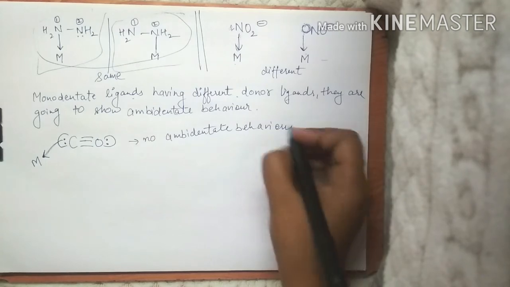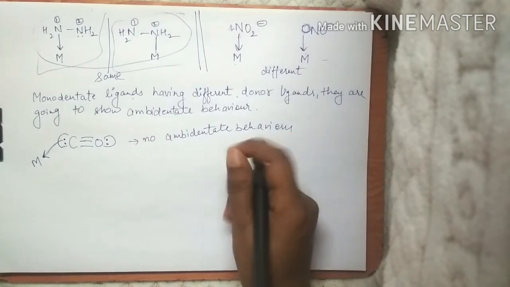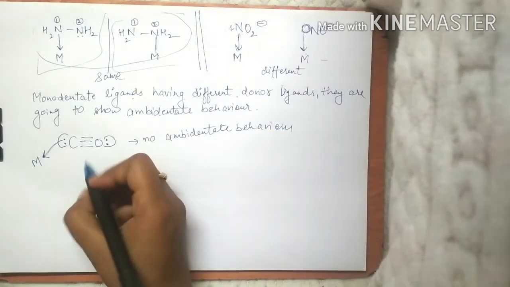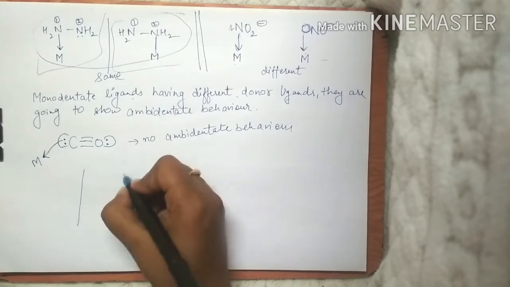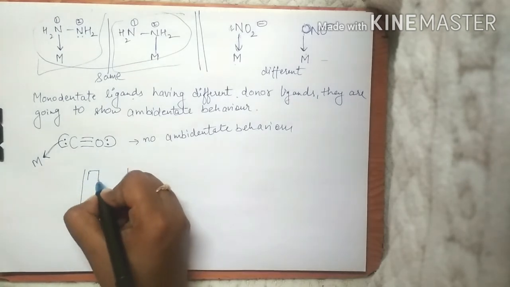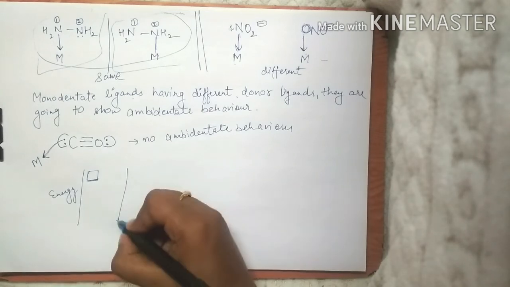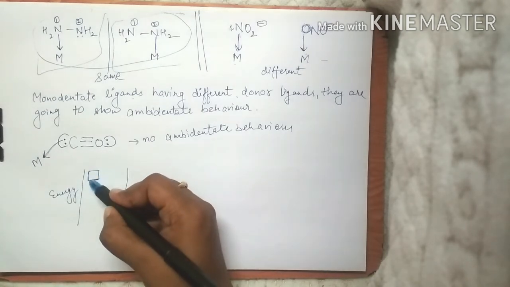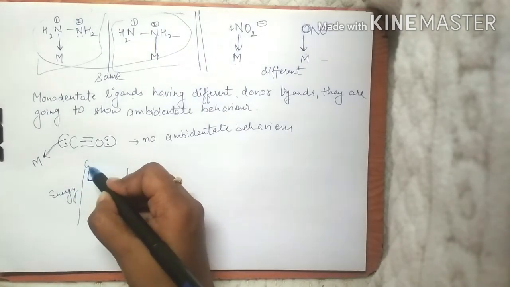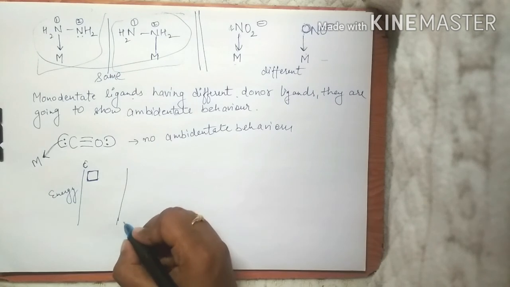Okay, so the energy profile here is very important, because in case of carbonyl, if this is the energy sequence, then the energy of the non-bonding pair of carbon will be here and the energy of the non-bonding pair of oxygen will be here.